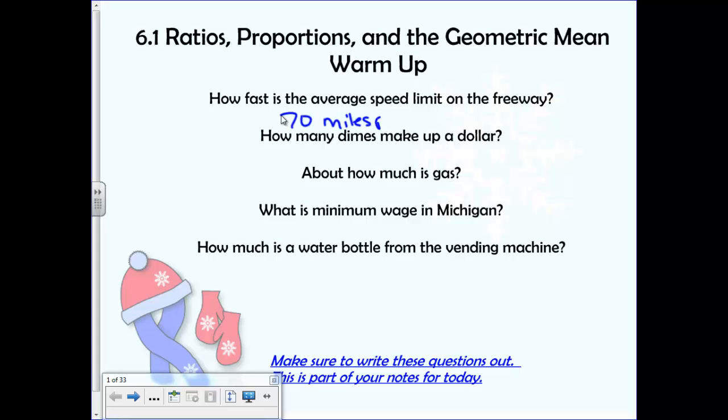70 miles per hour, right? If I say how many dimes make up a dollar, we have 10 dimes per dollar. These are like ratios. 10 dimes per $1. About how much is gas? $3.19?